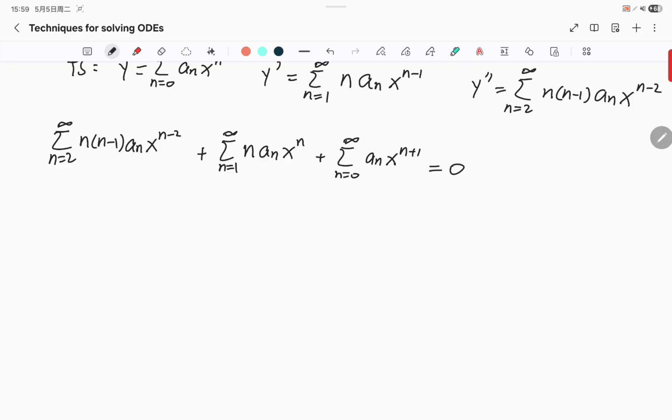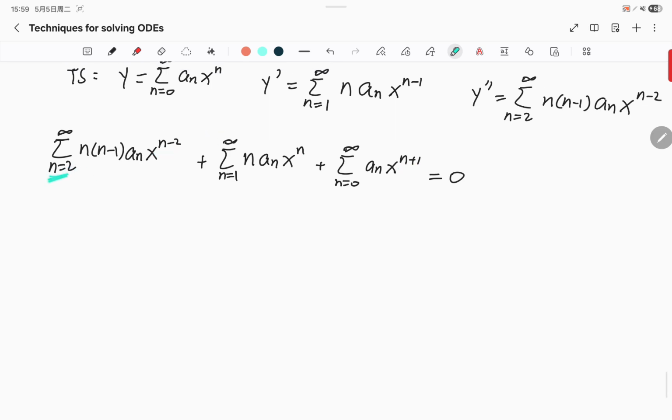But before we can do that, two conditions must be satisfied. First, to be able to do series addition, the power of all the series here, here, here must be the same. Second condition, their starting value or starting index must be the same.